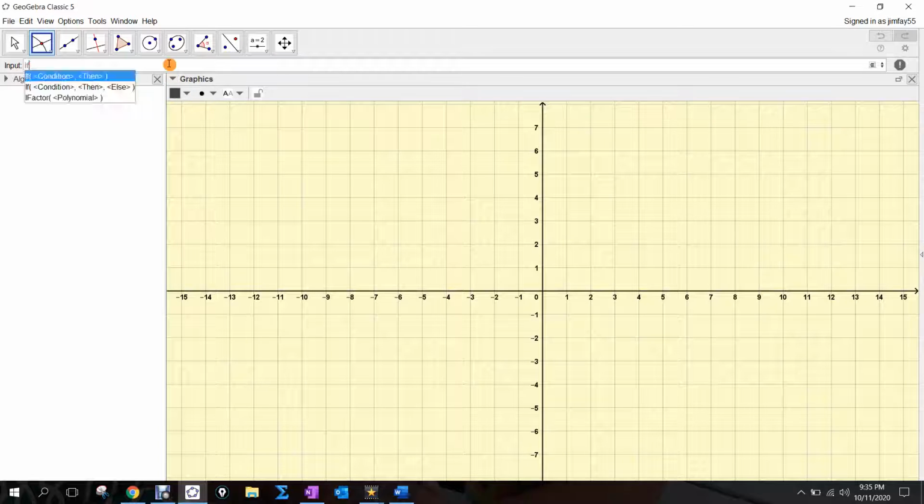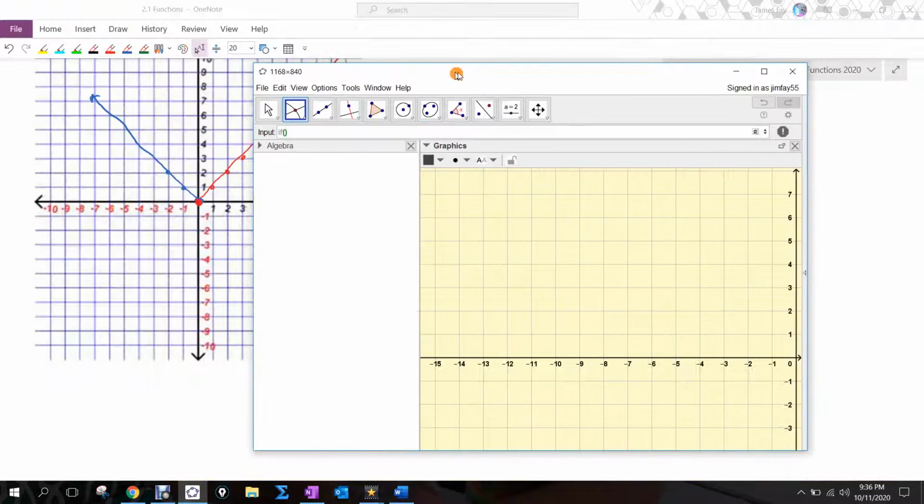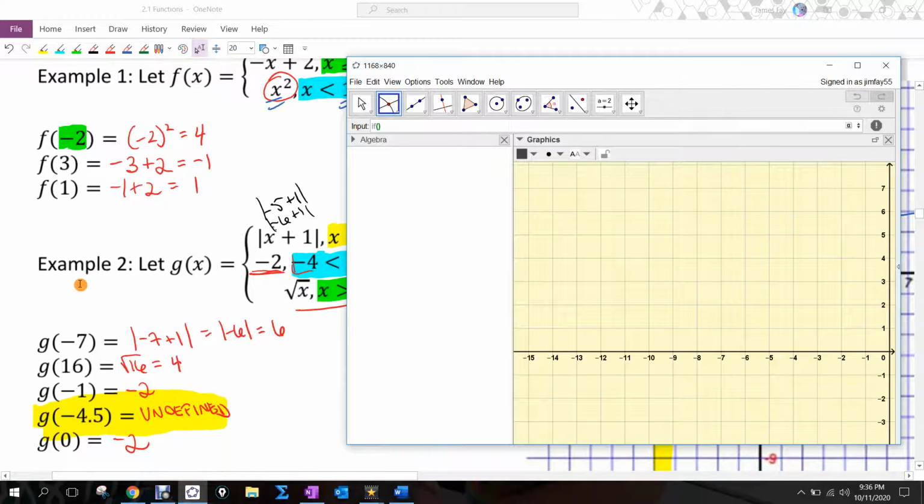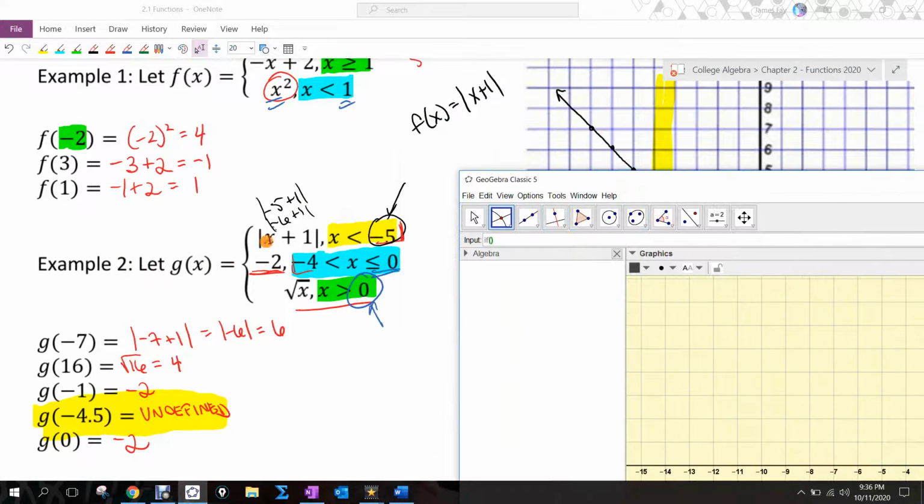All right, so if I go if, when I put parentheses here, you see it says condition. So the condition is the interval. So let's just say if, I'm doing one of those other ones. Let's graph this one here to see if that models what we came up with.